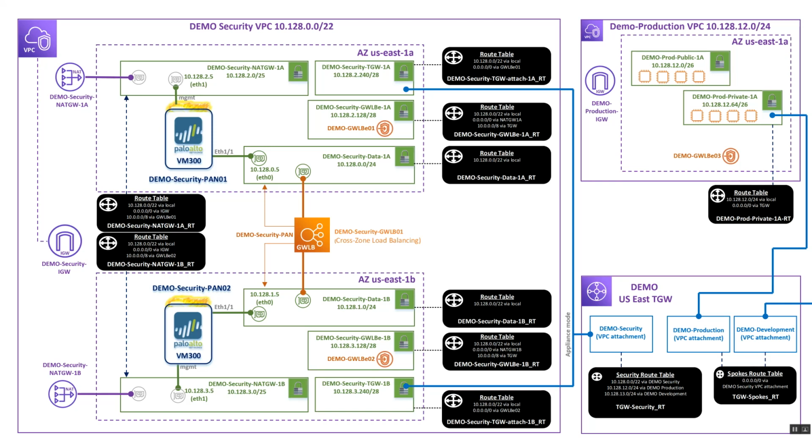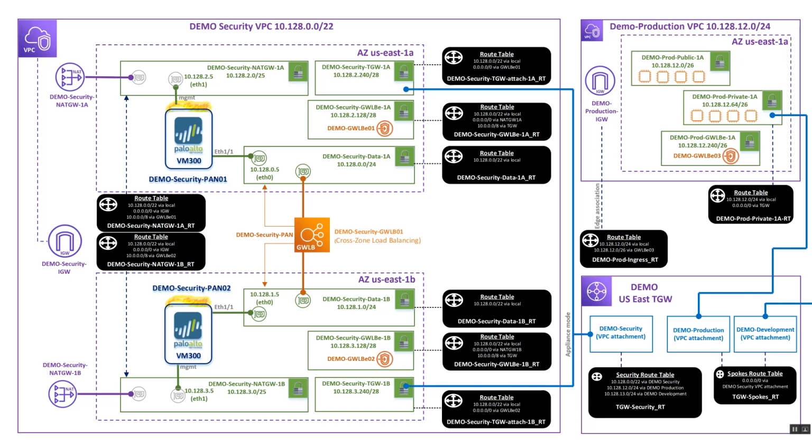In this case, I'm going to create a third gateway load balancer endpoint, which is specifically for this availability zone in this production VPC. If I had another availability zone, then I would spin up another gateway load balancer endpoint. And just like in the security VPC, I need to map this gateway load balancer endpoint to this gateway load balancer subnet. Okay.